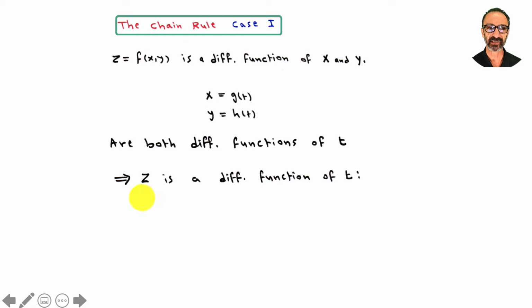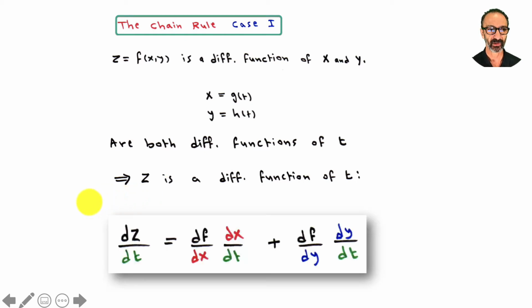Then z is a differentiable function of t itself. dz/dt will be df/dx times dx/dt, because that's the main variable t. You have to go all the way to reach t, plus df/dy times dy/dt.